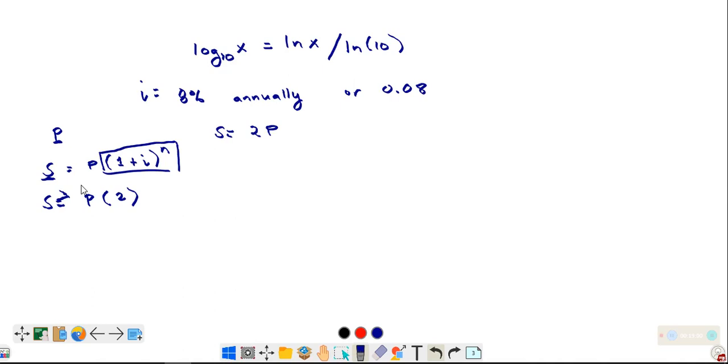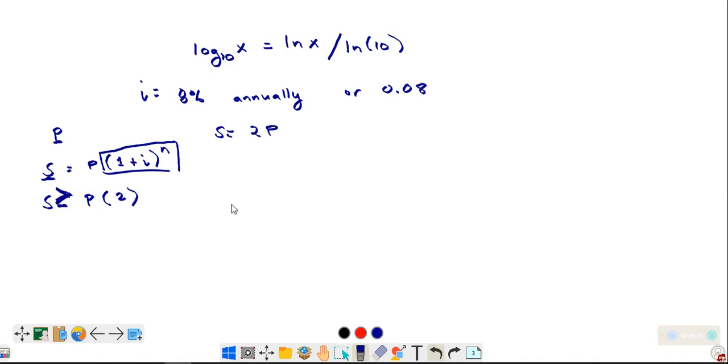Kaya 2.05, ibig sabihin 2 years and 6 months, 2.5 years. 'Di ba? So, pwede nating i-change itong inequality dito as S is greater than or equal to P times 2. So, paano ito mangyayari? Itong 1 plus I raised to the power of N should be greater than or equal to 2.